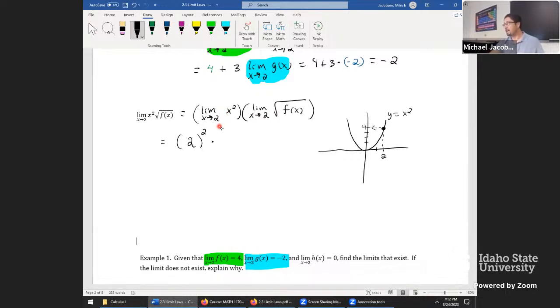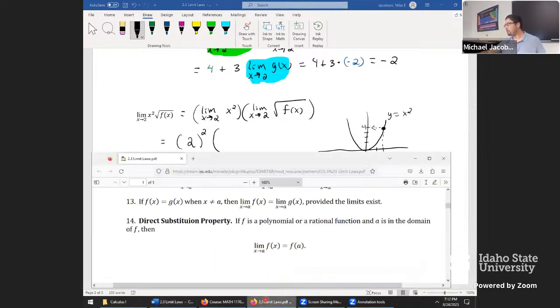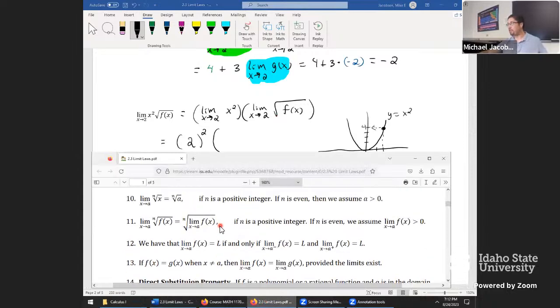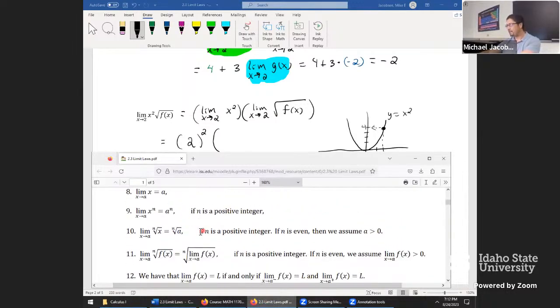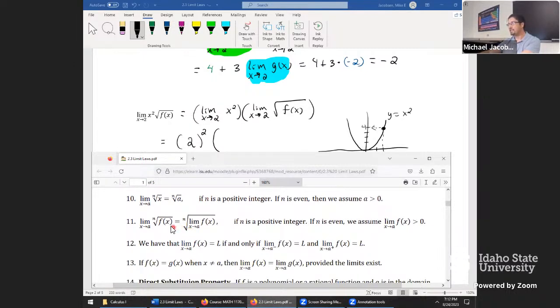Now it'll be multiplied by this other limit. I guess I'll keep parentheses on it. Limit as x tends to 2 of square root f of x. Well, if we look at that square root function, there's a limit property about that as well. There's something about an nth root. I think we have, yeah, just the nth root right here. There's no n there, but the index is assumed to be 2.